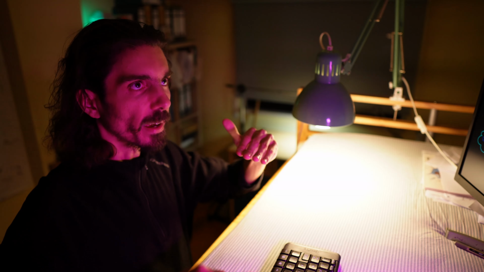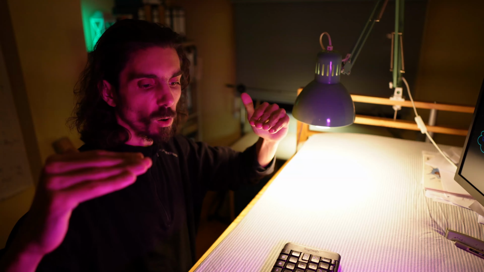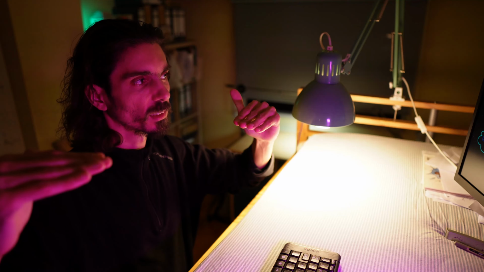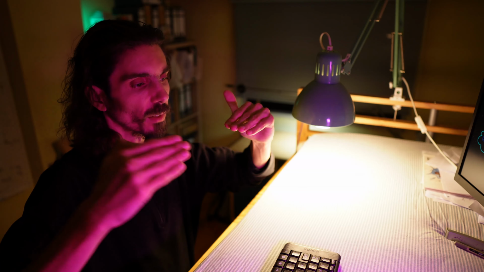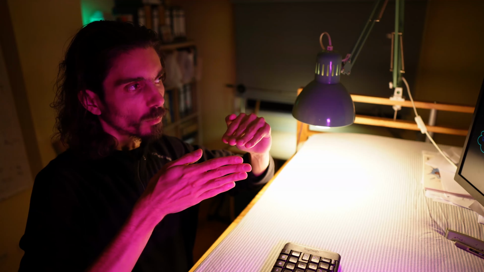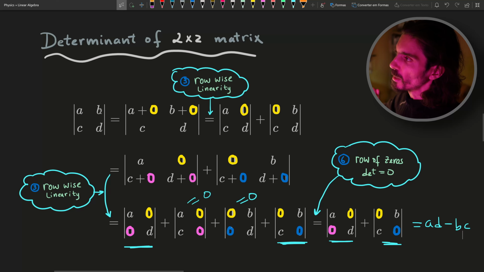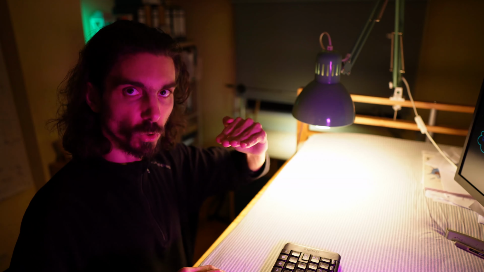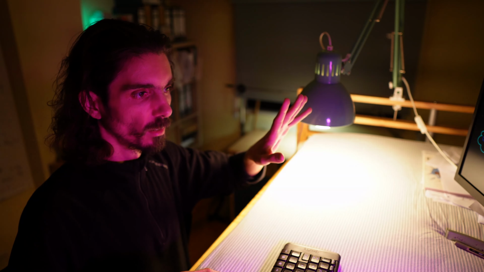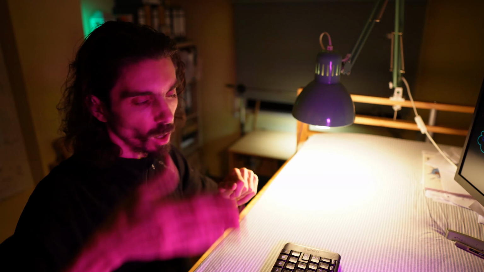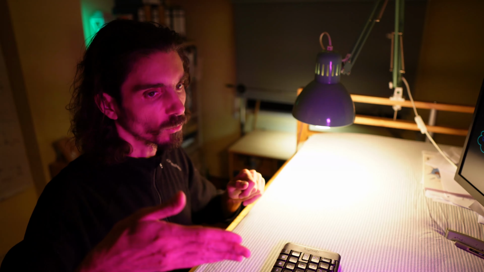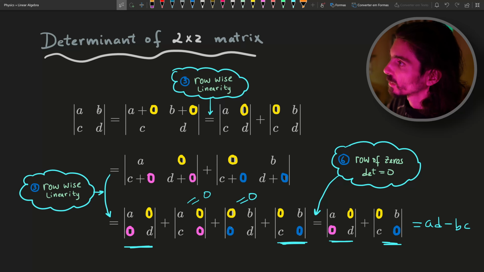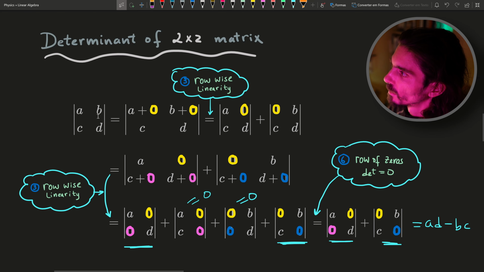So if I choose A, I have to kill essentially all the other entries on the first row and all the entries on the first column. If I choose the B, again all the other entries on the first row have to be zeros. And on the second column, all the entries must be zeros except the one that I chose, the B. Only the C survives here. Can you see the idea?